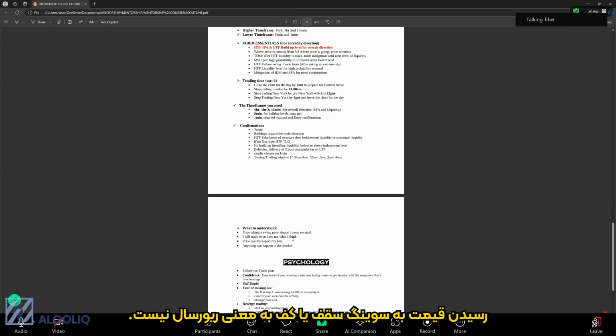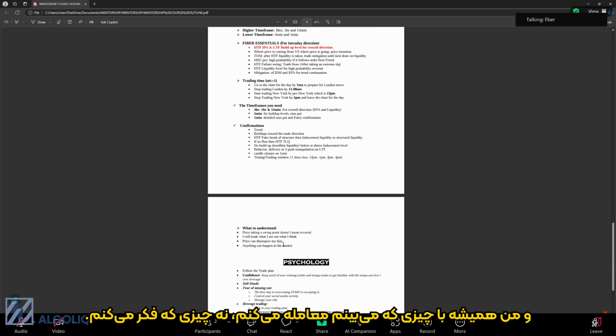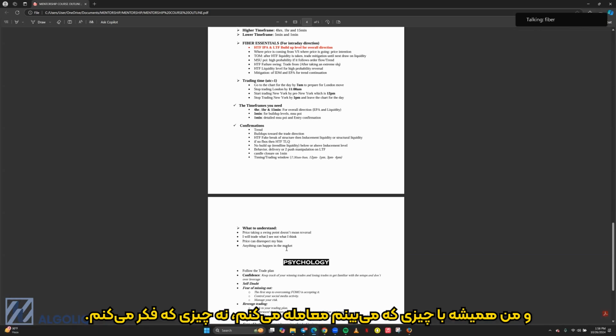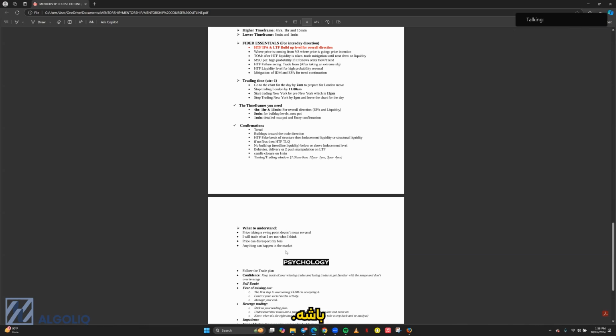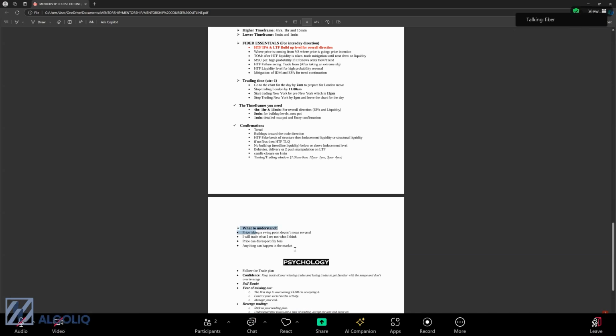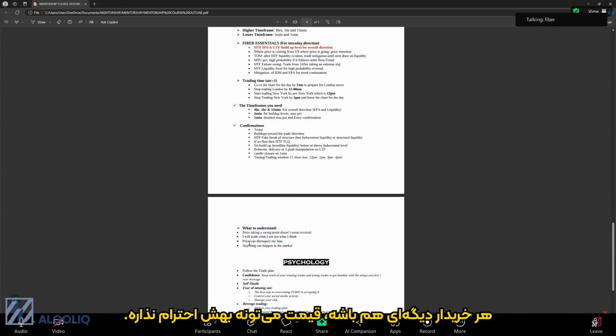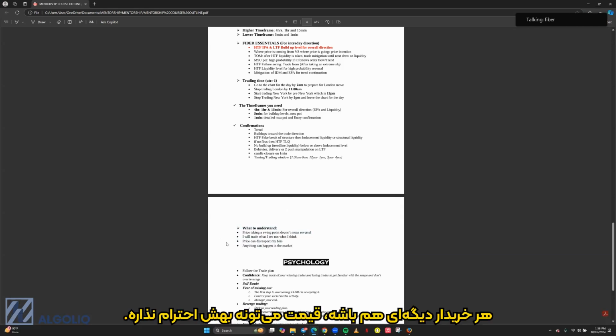Okay, price taking a swing point doesn't mean a reversal. That is exactly what I want to explain. And I will always trade what I see, not what I think. Okay, this is like a pledge. Price can disrespect my bias. Whatever bias you have, price can disrespect it.